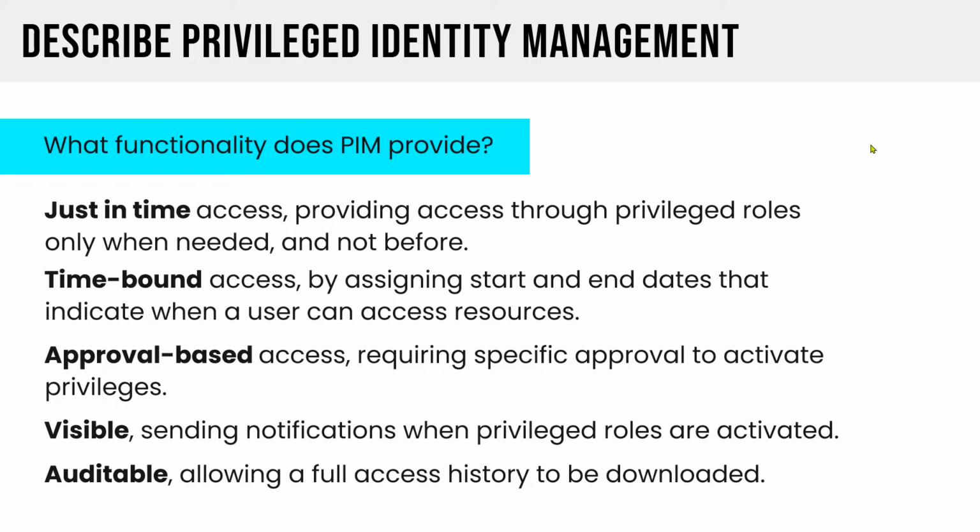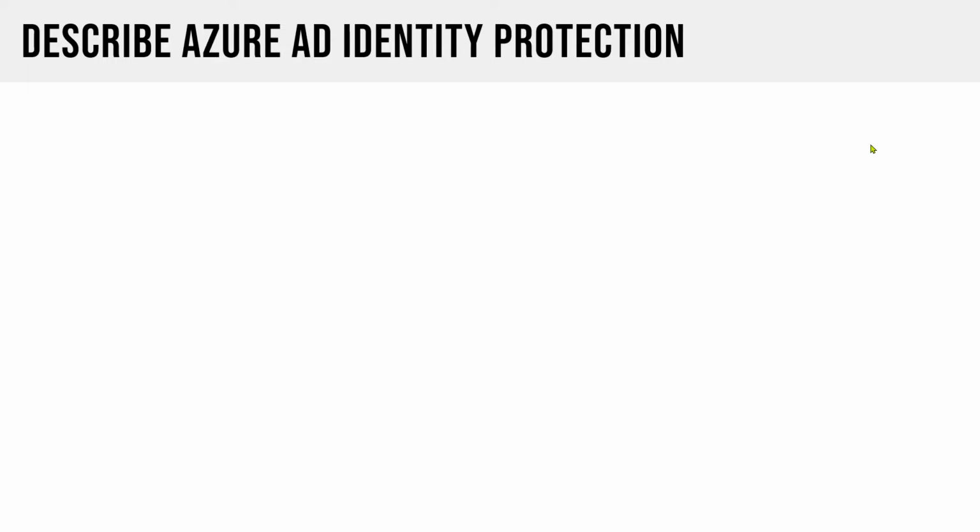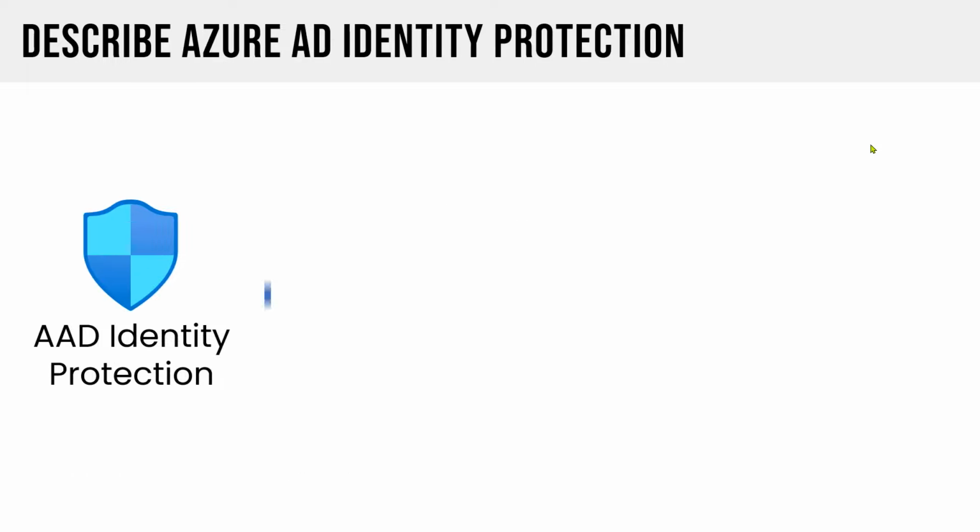So I could create quarterly access reviews, for example. Users get an email, they're asked to confirm that they need that continued access or they no longer need that, and I can take action based on those results. But just-in-time, time-bound, and approval-based if desired. And remember, role-focused. PIM focuses on roles.